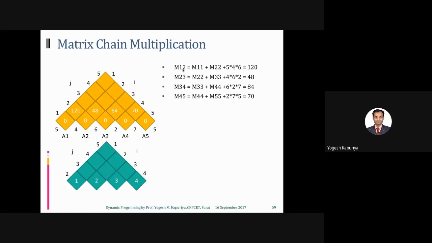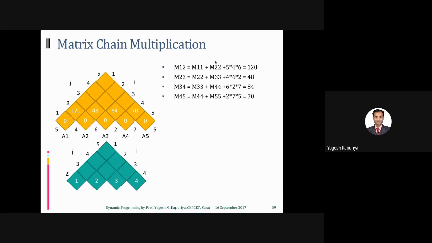So we are interested in computing M12, right? M12 means I value is 1 and J value is 2. So you are interested in computing the value of this. So M12 is what? This is I, this is J. There are no other options for K, so K value cannot be put over here.